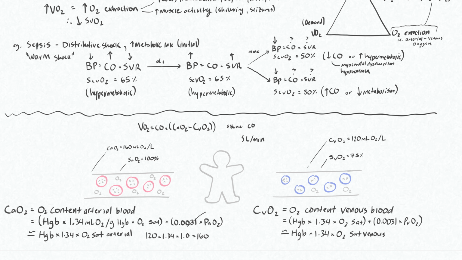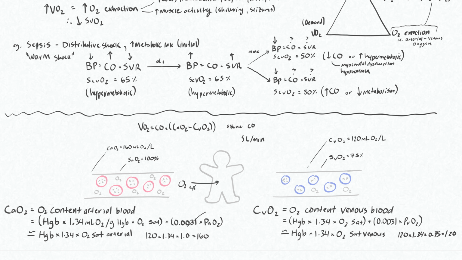And then your content of the venous blood is going to be your hemoglobin times 1.34 times the venous sat, which we'll say is 75%. 1.34 times 0.75 will give us 120 mils of oxygen per liter. The difference between our arterial content and venous content then is 40 mils.